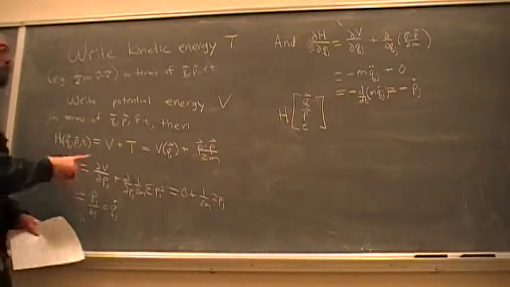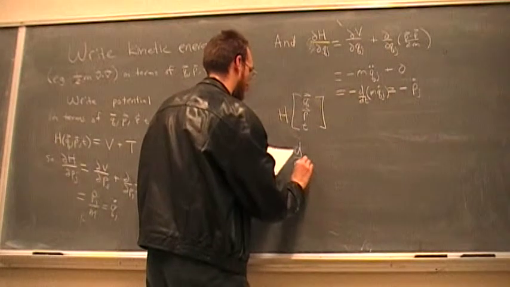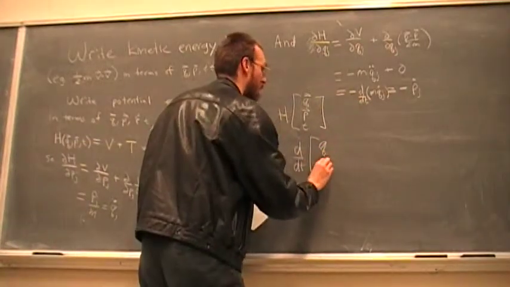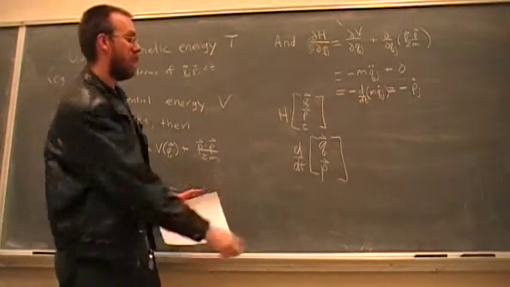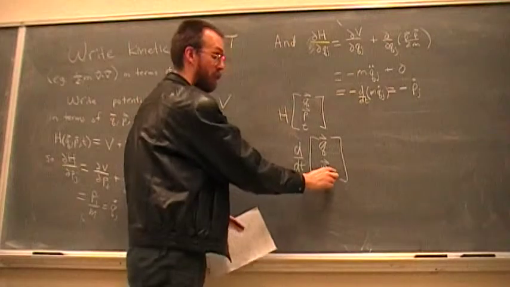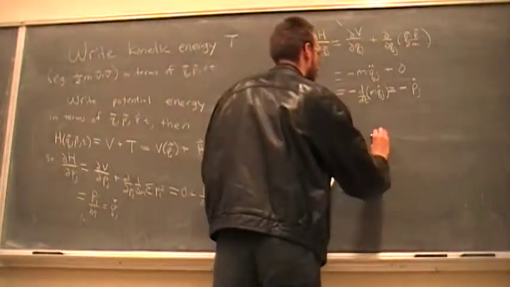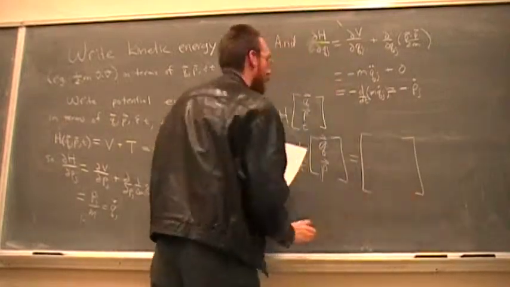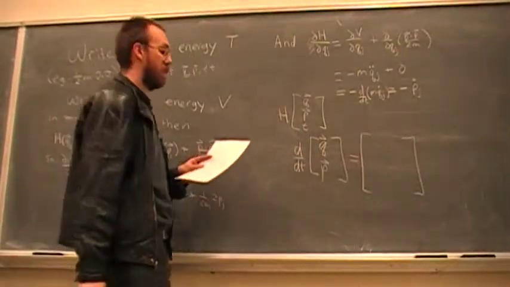So now let's look at these partials. If I take the total time derivative of this vector that's twice as long, x, y, z, momentum, x component of momentum, y component of momentum, z component of momentum, then we'd expect a 6 vector output.